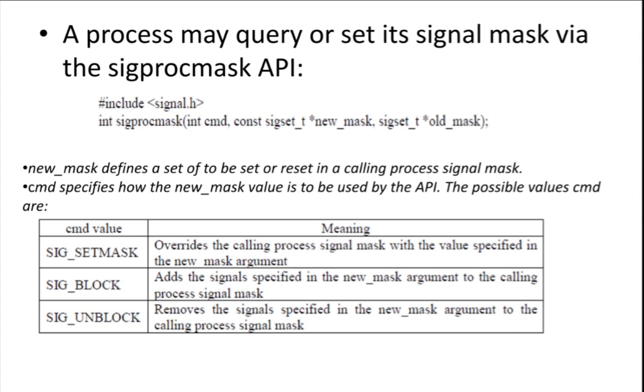The CMD values are SIG_SETMASK. Based on the CMD value, it is going to overwrite the calling process's signal mask with the value specified in the new mask argument. It is going to override the calling process's signal mask, replacing the old signal mask value with the new mask argument.